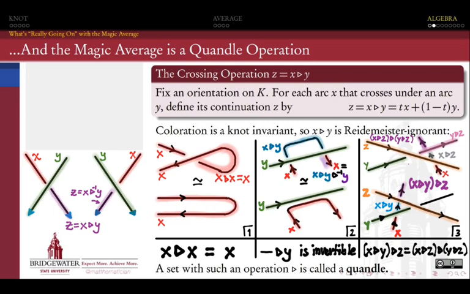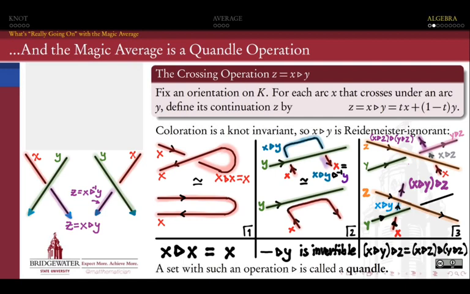This is an operation which distributes over itself, which, you know, let's face it, a lot of algebra students want operations to distribute over themselves a lot, particularly things like multiplication, like x times y times z. Oh, I'll just jump the multiplication across the parentheses. Well, that doesn't work in general. But for quandle operations, it must work in order for the quandle that we define with this operation to be Idempotency invariant.